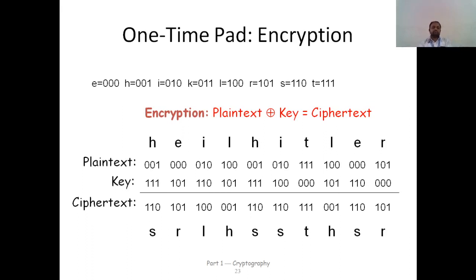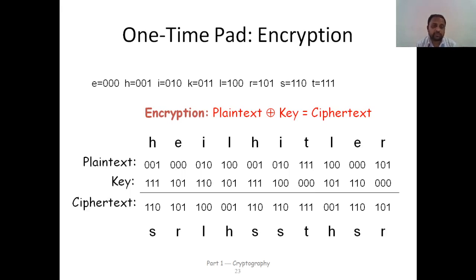Assume that in this example, the plain text is HEIL HITLER, H-E-I-L H-I-T-L-E-R. For each letter, we will assign binary numbers, allocated based on the given values at the top.